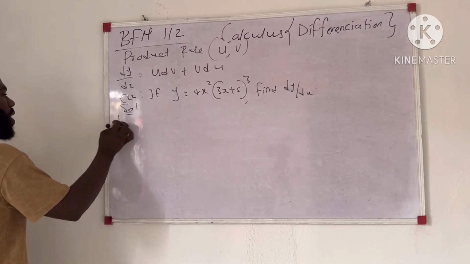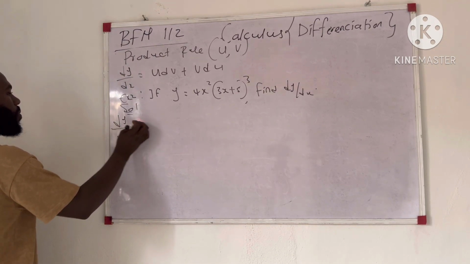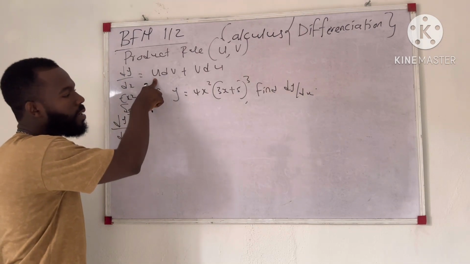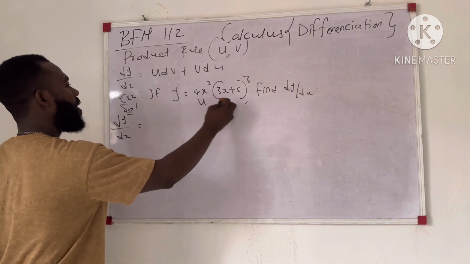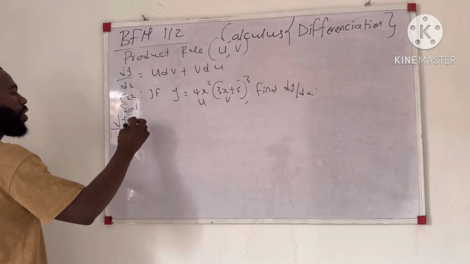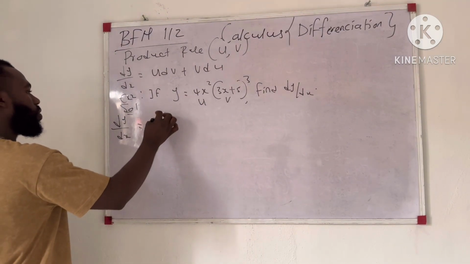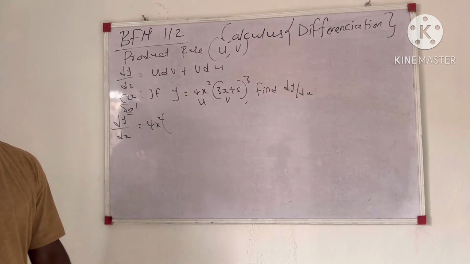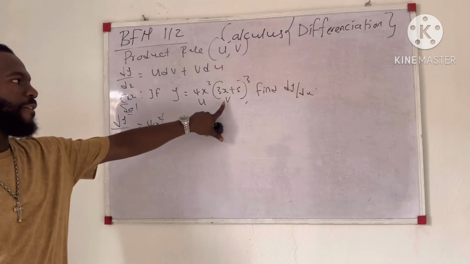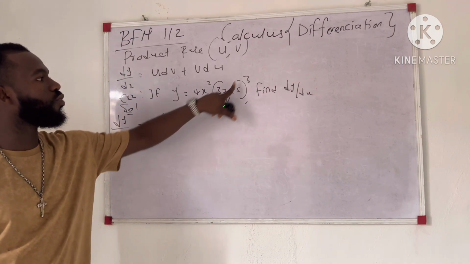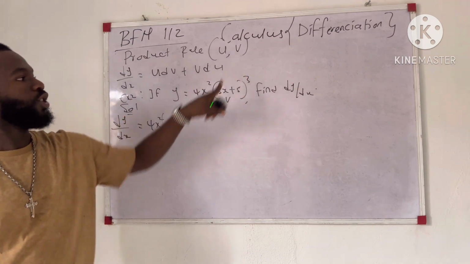Solution. dy over dx now becomes, now we say we should hold u. So this is u and this is v. Now our u is 4x raised to the power 2. We are holding this, we are not touching it, but we are differentiating v. Now watch me. My v alone is what? Chain rule.